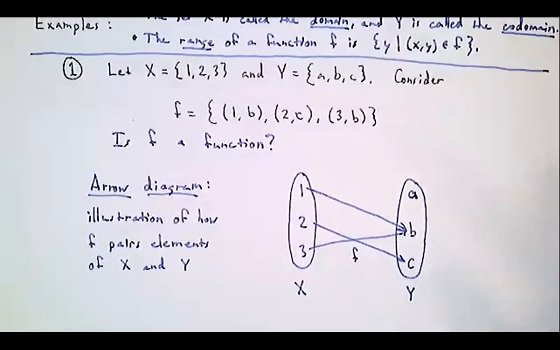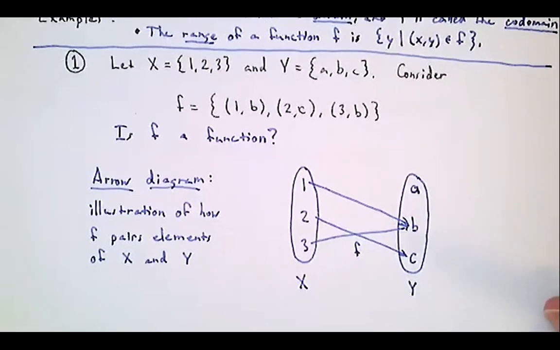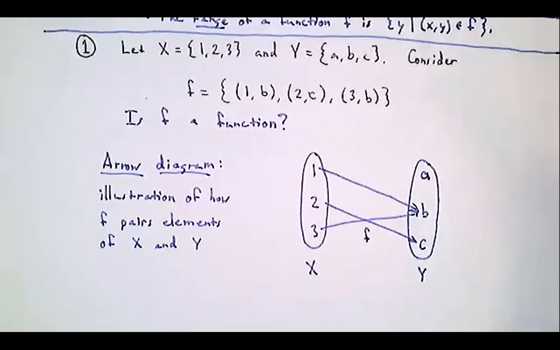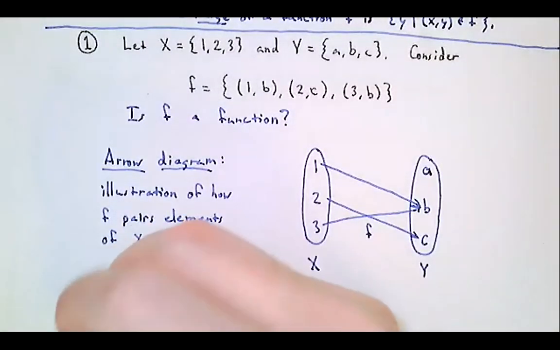Okay, so using the arrow diagram, how can we check if f is a function? And here's what we're going to do.